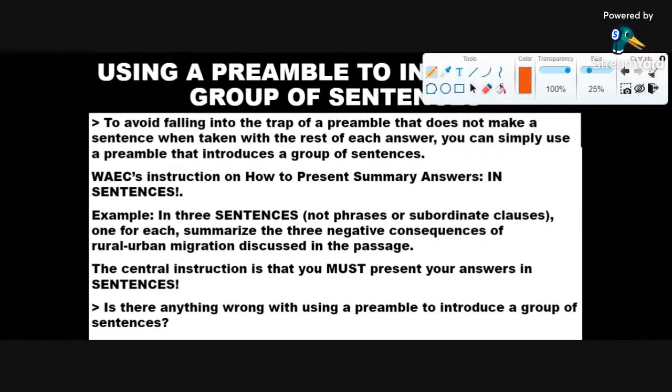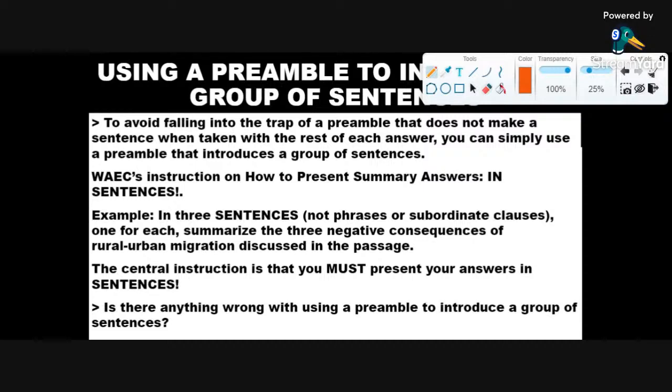The only reason you may want to use a preamble is if you want your work to look organized, using it as a kind of signpost to show the examiner that these are the answers I'm presenting to the question you asked.